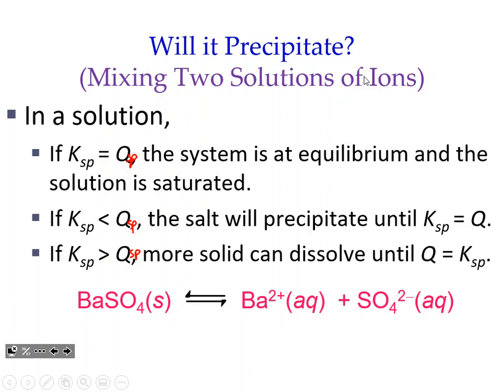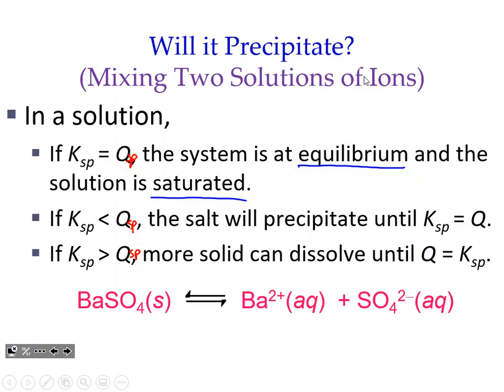Through the mathematical calculations, if Ksp equals Qsp, you're already at equilibrium. It's already saturated. Remember, that's the amount that can dissolve in the solution at the equilibrium state when it's considered saturated. However, you take these two initial beakers of ions, you dump them together in a new beaker, you calculate the initial concentrations of each ion that could form a precipitate.